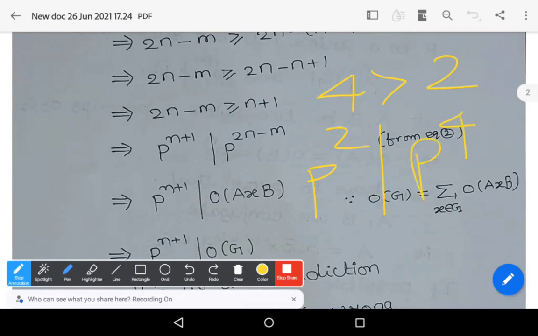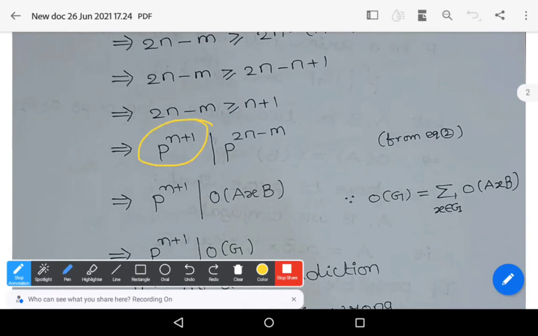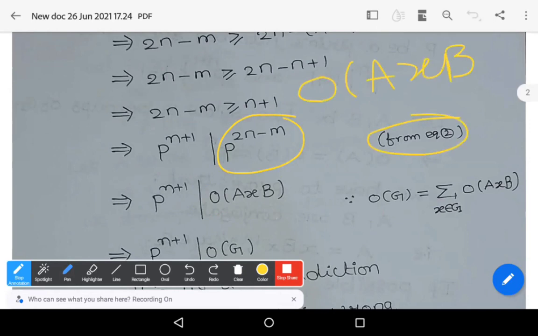By applying that example, p power n plus 1 divides p power 2n minus m. It means p power n plus 1 divides the order of AxB. From equation number 2, the order of AxB is equal to p power 2n minus m.